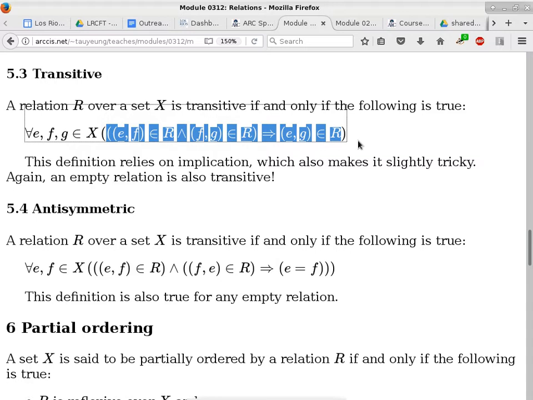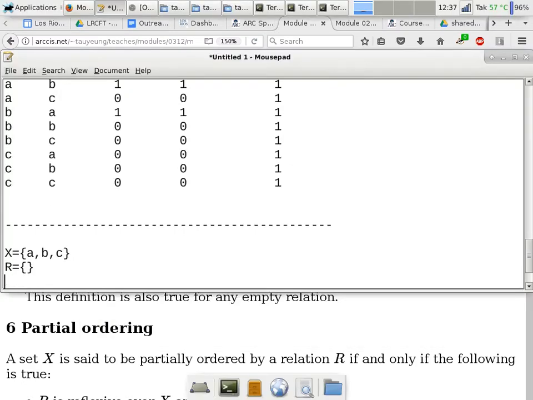We have just kind of casually proven that an empty relation is automatically transitive. Is that okay with everybody? Okay, so I'll just say this is transitive.